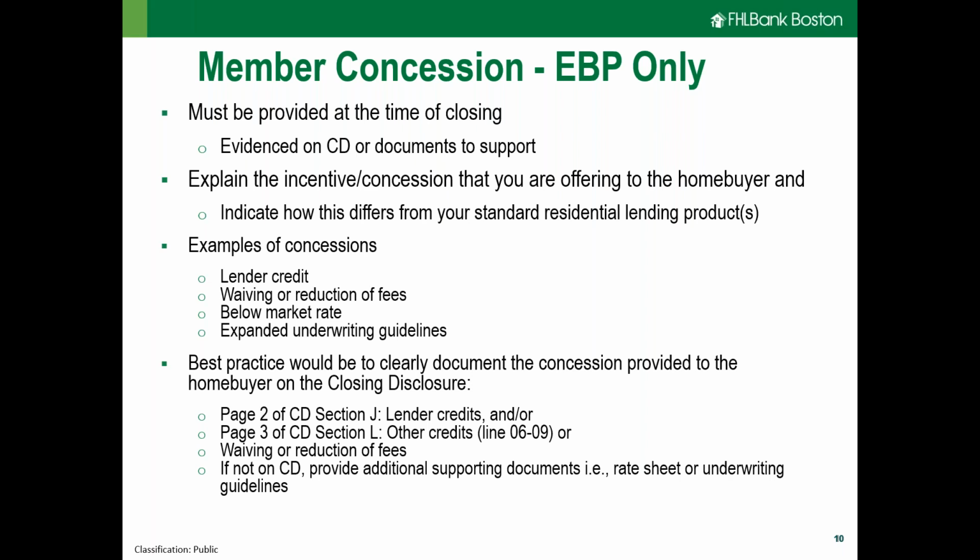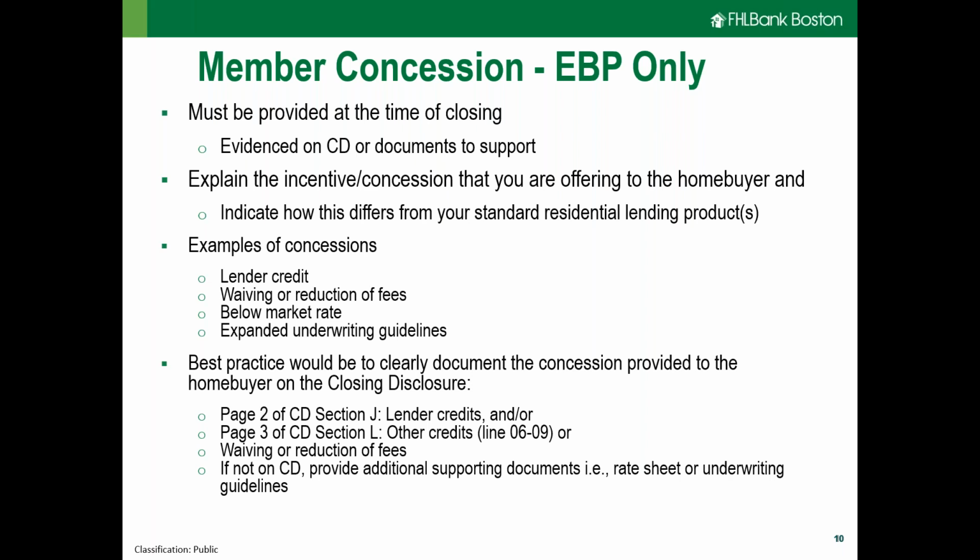That would be a good example. Maybe you have a threshold for loan to value. Our programs, we don't care about loan to value. We don't care about FICO, but maybe your max, you only take loan to values at 80%, but you'll allow somebody to go higher. That's really expanding your underwriting guidelines.